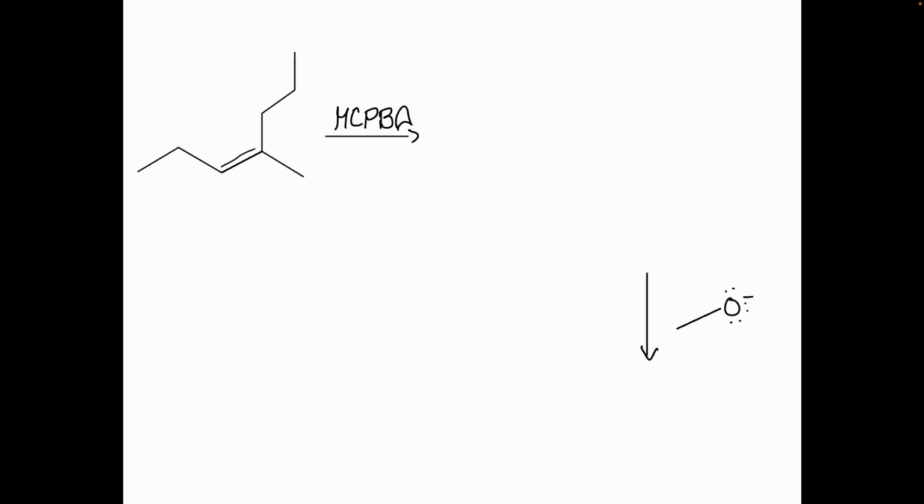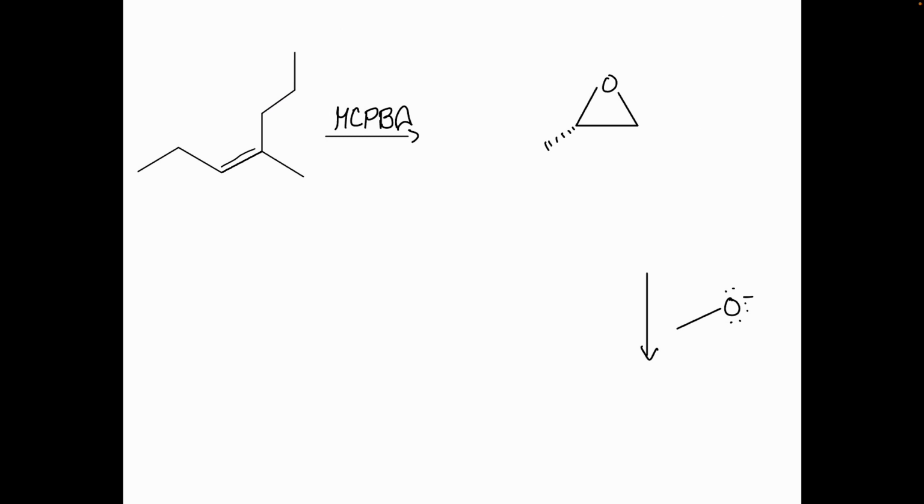So when I draw my epoxide, I'm going to just start out with my triangle. The question is, how are all these groups oriented about this epoxide bond? Importantly, in my alkene, my ethyl group is pointed in the same direction as the propyl group and in the opposite direction as the methyl group, and I have to be consistent with that when I form my epoxide.